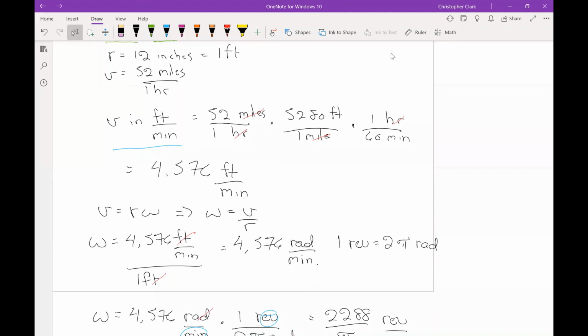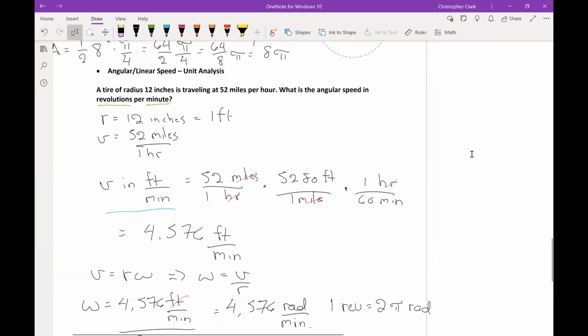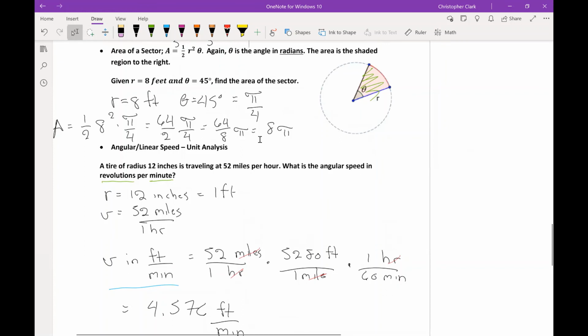All right, so let's go ahead and make sure that we have all of our units and everything, because units are definitely going to be important. So we've got revolutions per minute down here, and that's what we were looking for. I like it. Go back up here. The area we need to make sure that we have should be in feet squared, right? Okay, fantastic.